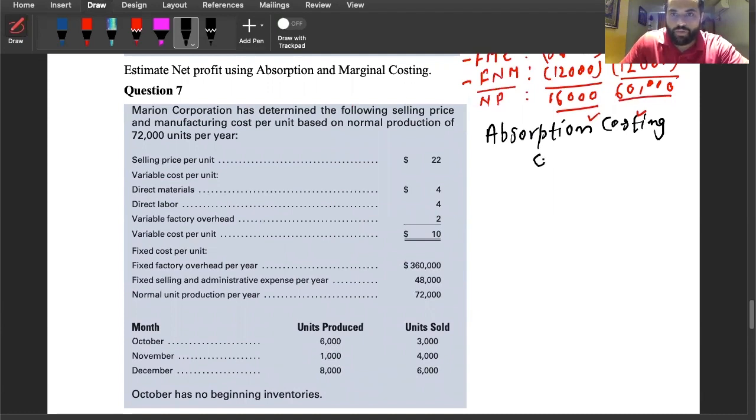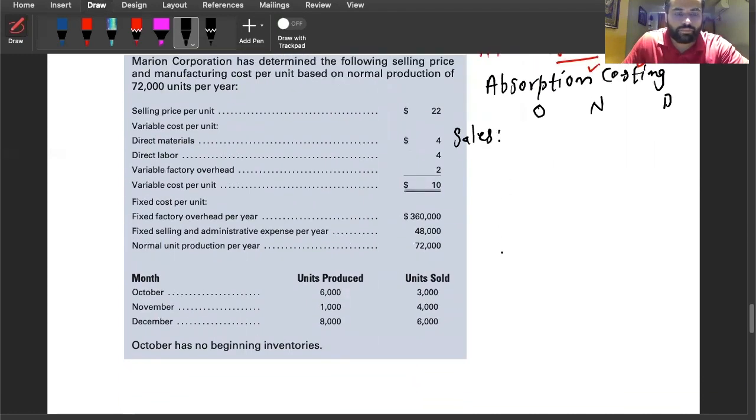Let's start with the sales. How much is sales for October? $66,000 minus cost of goods sold. How much cost of goods sold did you calculate?